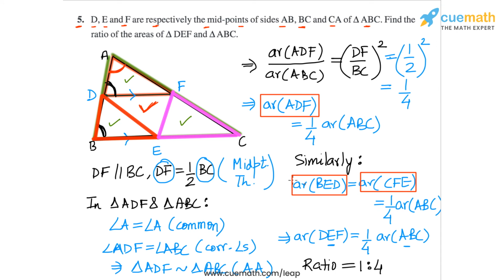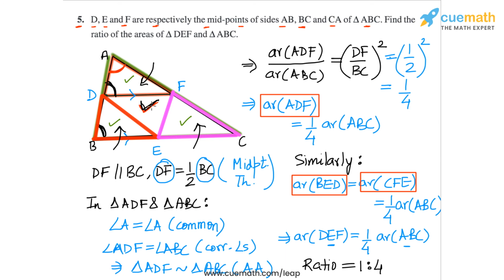So in the first approach we basically directly showed that triangle DEF is similar to triangle ABC using the SSS similarity, and from there we found the ratio of areas. In the second approach we took a slightly longer path. We calculated the area of ADF, BED and CFE in terms of the area of triangle ABC, and we subtracted all these three areas from the area of triangle ABC to find the area of DEF.